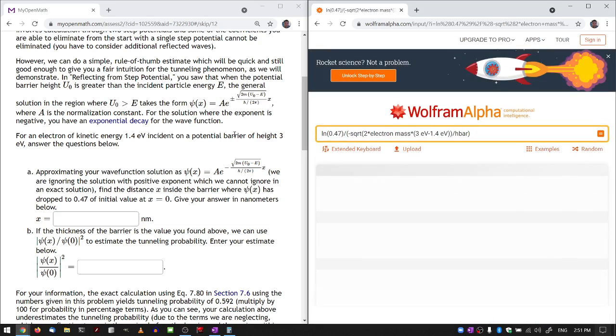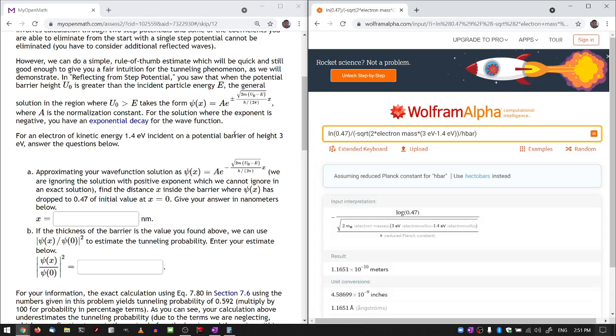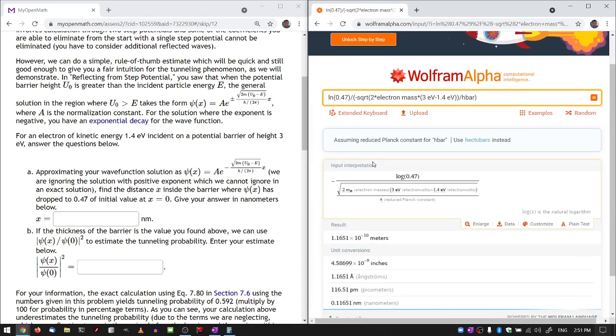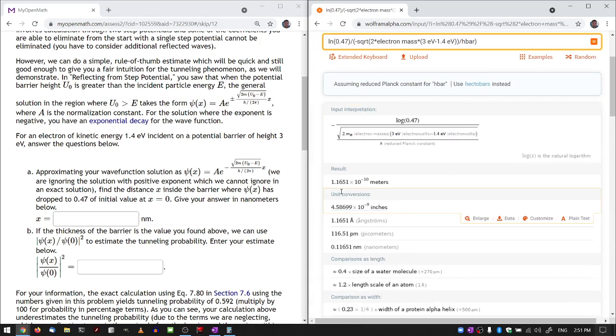Okay, let's enter it and see. It looks like it did all the calculation. So 1.165 times 10 to the minus 10 meters, or in nanometers, this would be 0.117 nanometer.